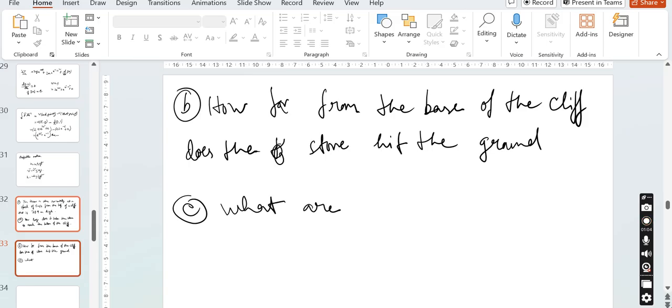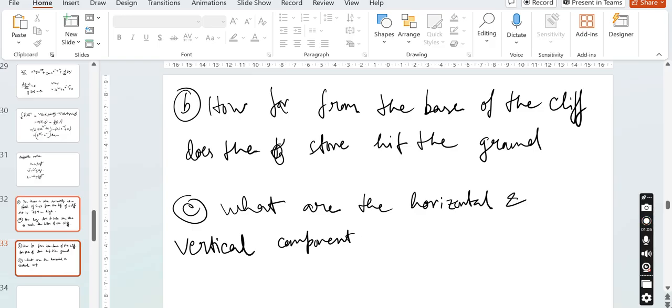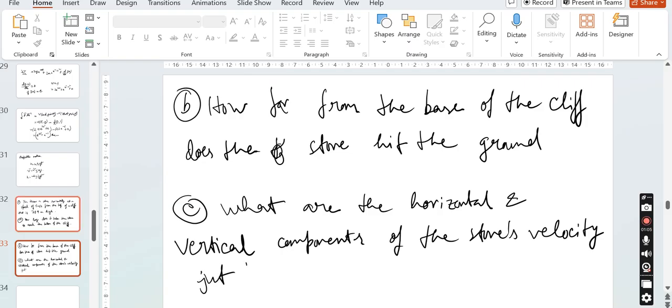What are the horizontal and vertical components of the stone's velocity just before it hits the ground?